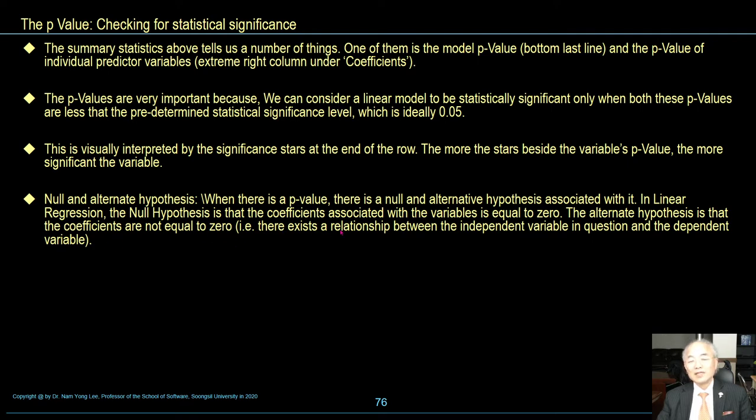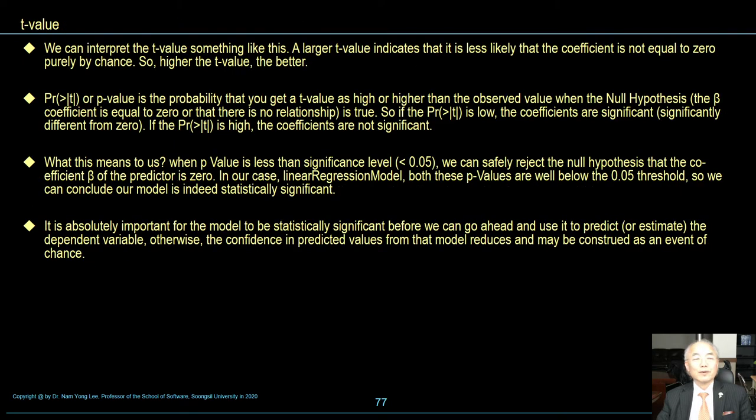Thus, there exists a relationship between the independent variable in question and the dependent variable. T-value: we can interpret the t-value like this. A larger t-value indicates that it's less likely that the coefficient is not equal to 0 purely by chance. So a higher t-value is better.